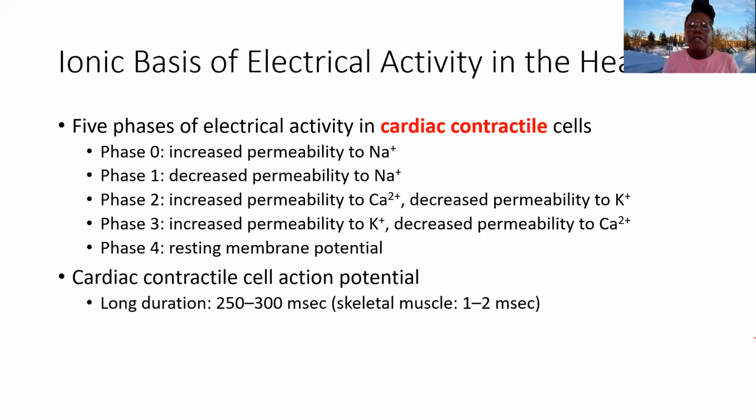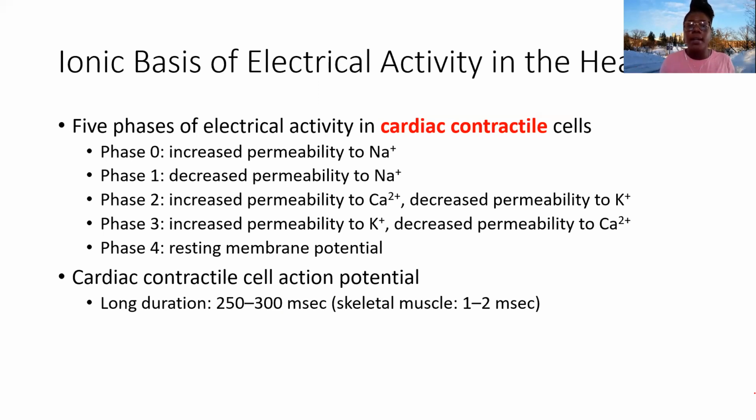And so we've got 5 steps, or 5 phases, of the electrical activity in this type of cell. The first phase is that we increase the permeability to sodium. So sodium rushes into the cell. This is what's responsible for the rapid upstroke of the action potential in a contractile cell. So that's the first thing you want to make a note of: the upstroke of the action potential in a pacemaker cell was caused by calcium.